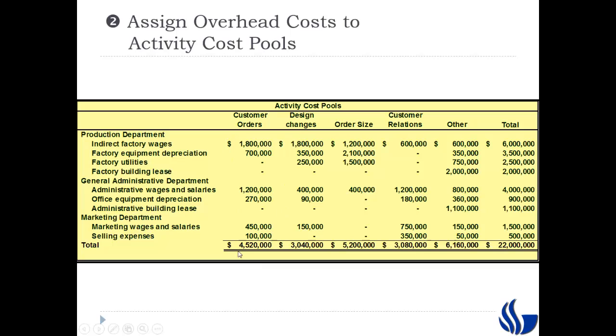Based on that allocation process, $4.52 million is going to be assigned to the customer order cost pool, $3,040,000 to design change, $5.2 million to order size, $3.08 million to customer relations, and $6.16 million to other. All right, so that's the second step, taking that $22 million in indirect costs and dividing it up to the 5 different cost pools. All right.